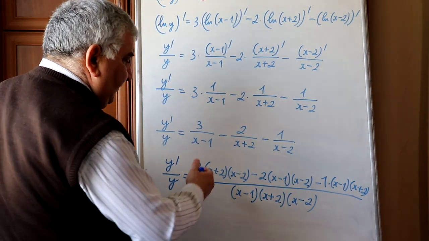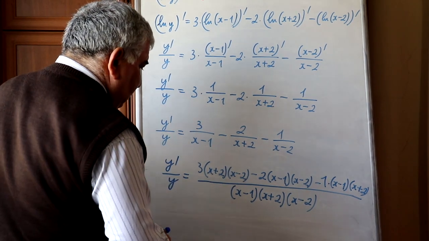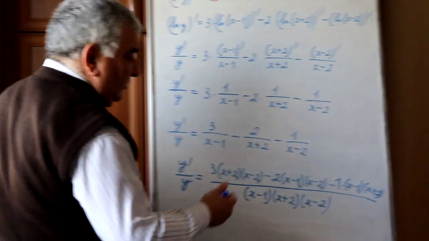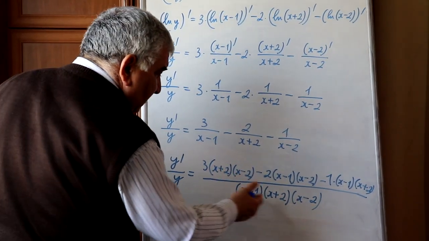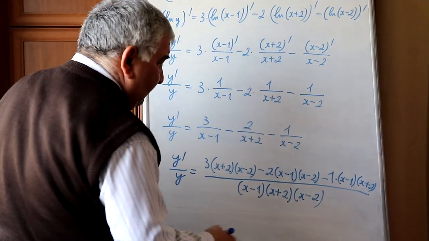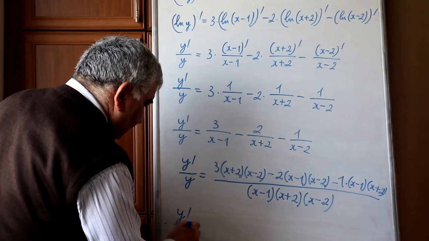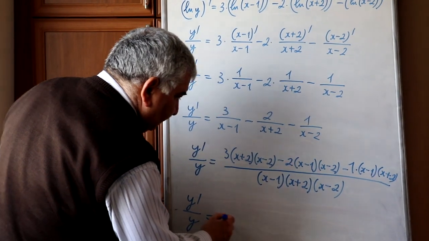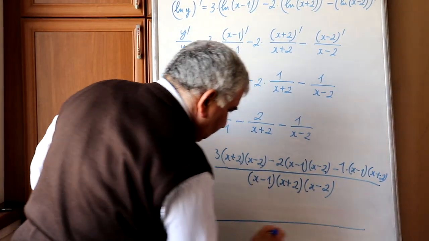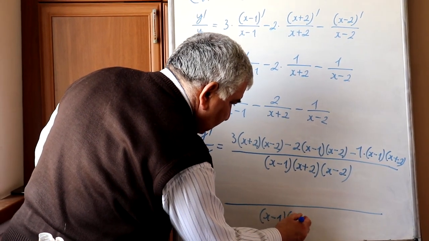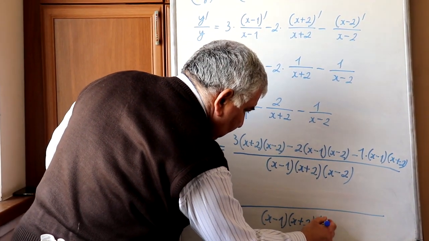Then open parenthesis, but this parenthesis we must retain. Y prime over y is equal to, over x minus 1 multiplied by x plus 2 multiplied by x minus 2.